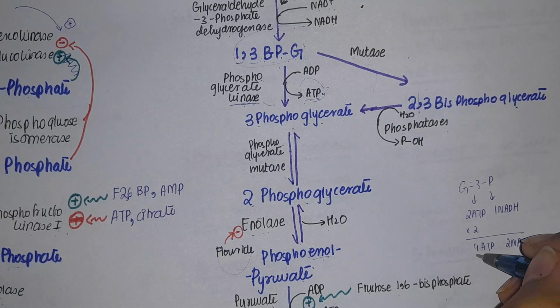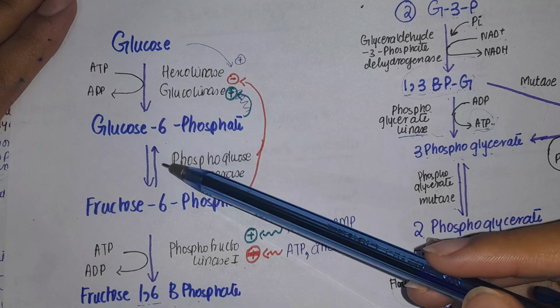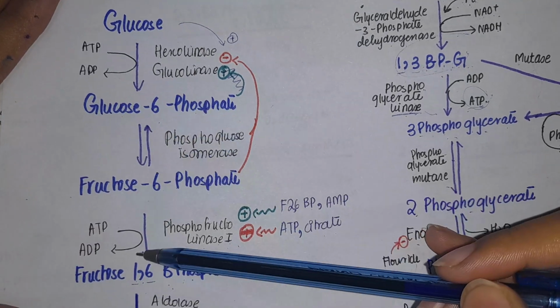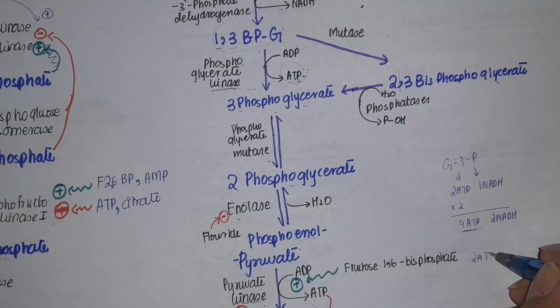But out of these 4 ATPs, 2 are used in the energy requiring phase, one over here, one over here. So net ATP production is 2 ATP and 2 NADH.